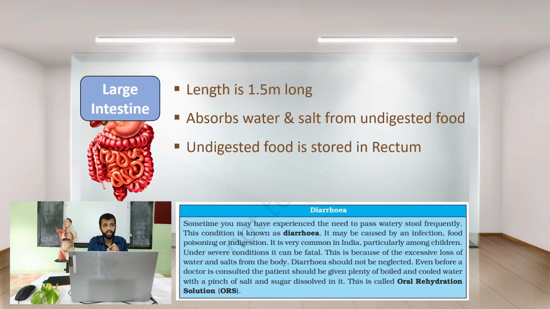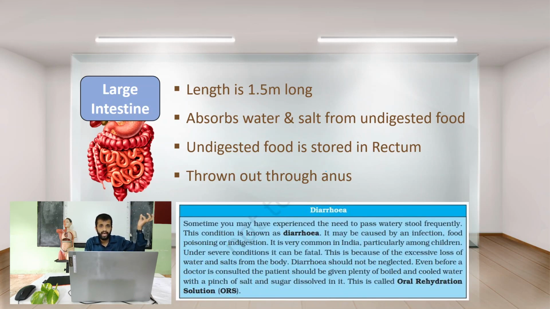Then the undigested food, now that water and salt are absorbed, whatever is undigested is stored in the rectum. Rectum is nothing but a kind of container in your body which just holds the waste food. Once it is full to a level, it will be thrown out through your anus. That's when you get that feeling of needing to go to the washroom and release the waste.